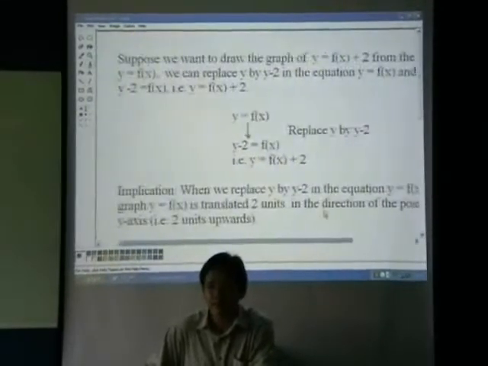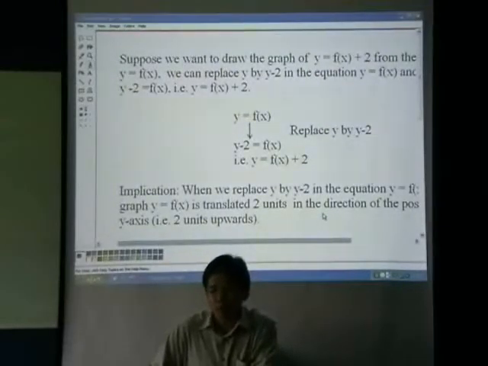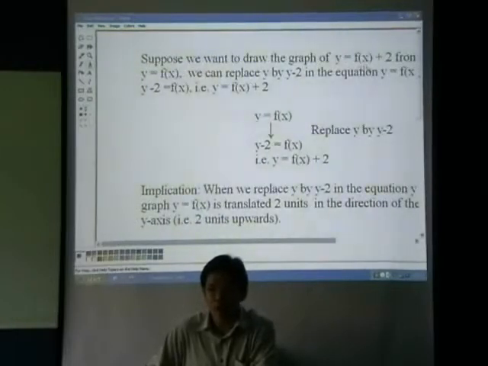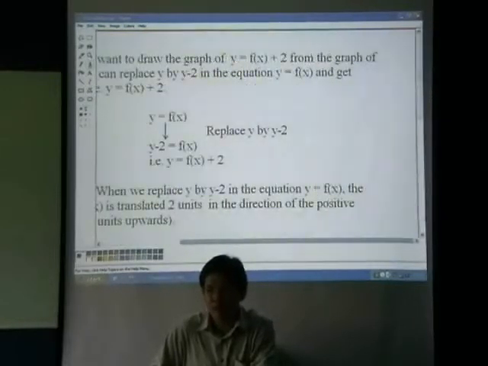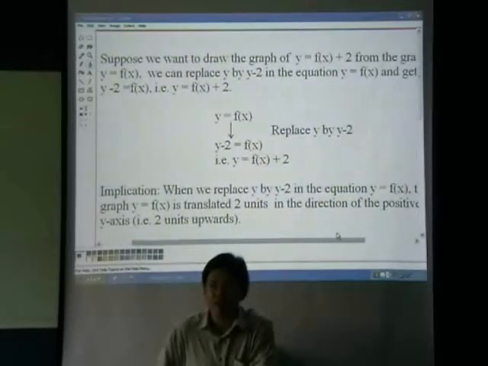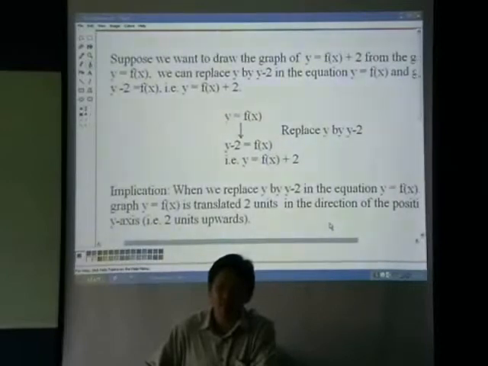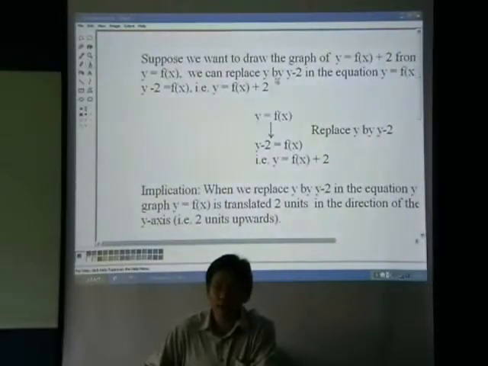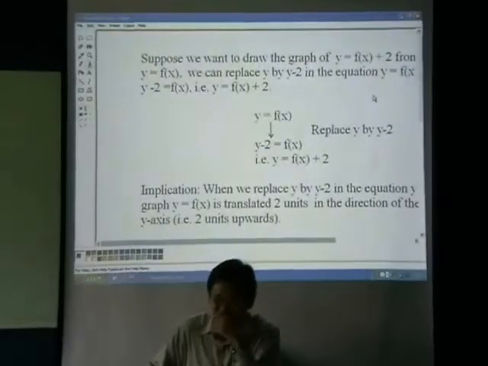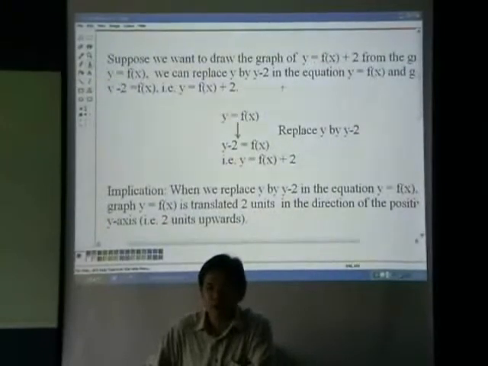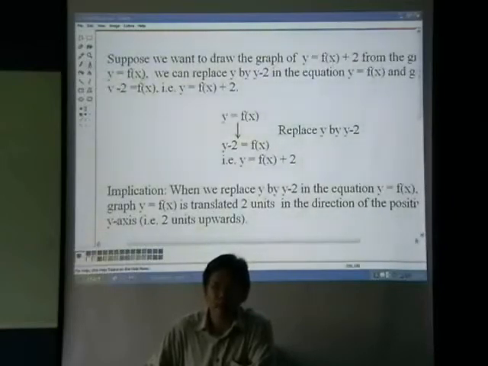Now suppose there's a method of making use of the equation so that we can draw the graph. Suppose we want to draw the graph of y equal to f(x) plus 2 from the graph of y equal to f(x). We can make use of equations like this to help us see in the end what graph we will get.